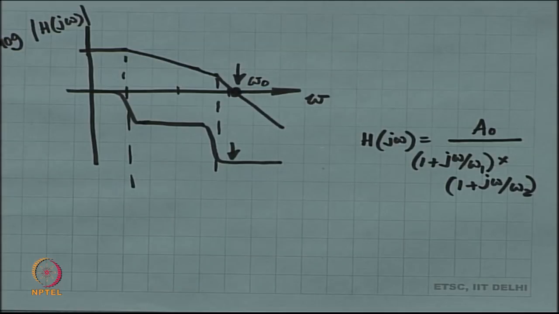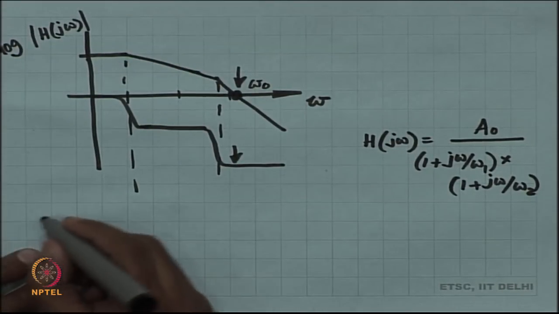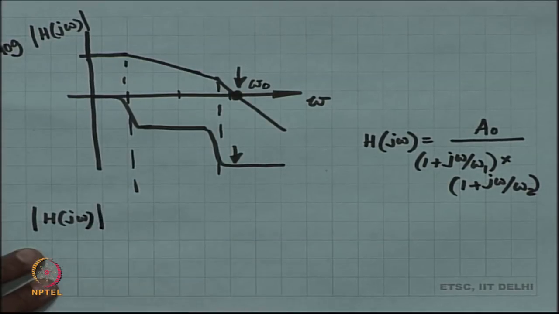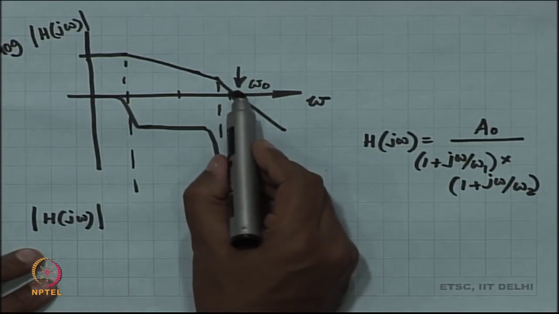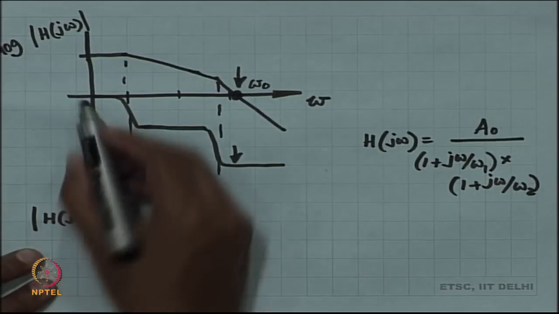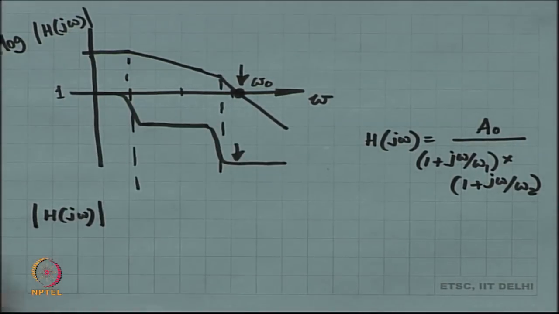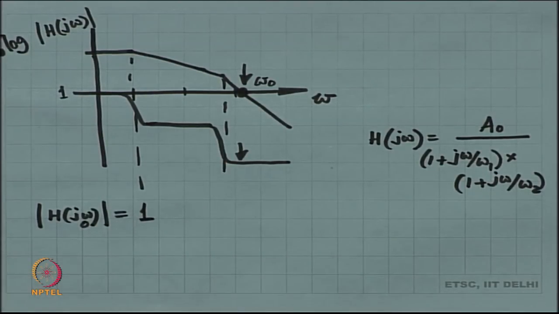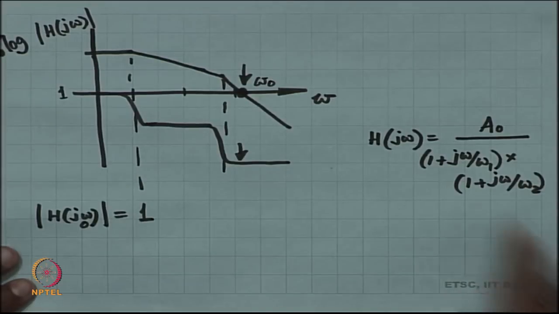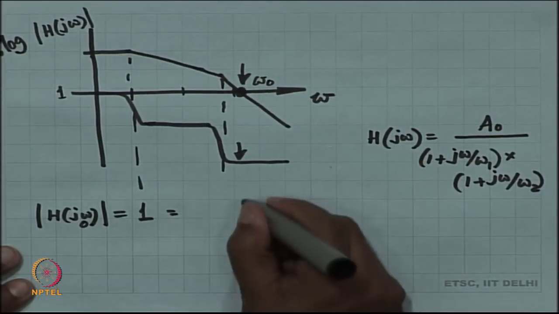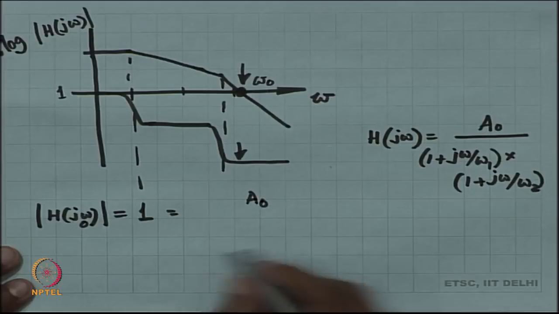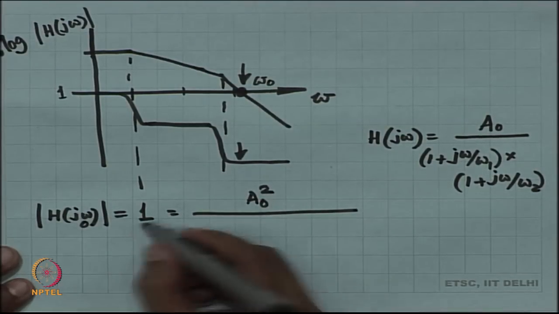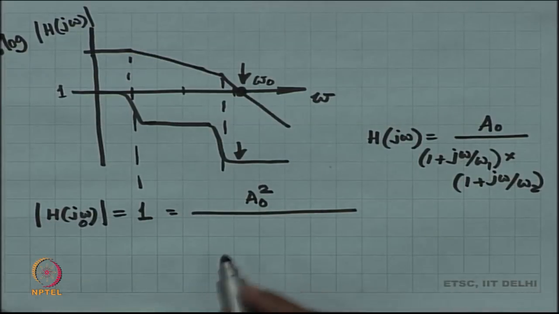This was my setup, and the first thing that we wanted was mod of h of j omega. At omega naught, mod of h of j omega is equal to 1. So, this was number 1: mod of h of j omega naught is equal to the square root of a naught squared, and the square root of 1 is 1, so we do not have to write that square root.